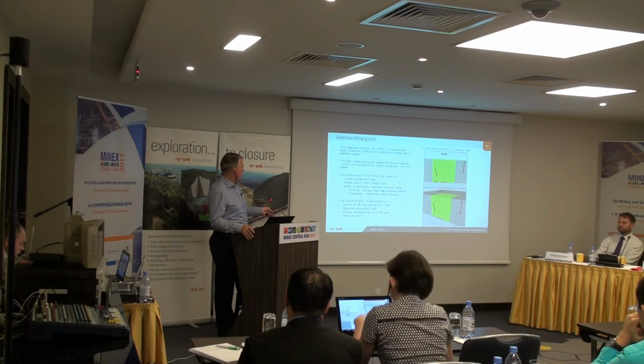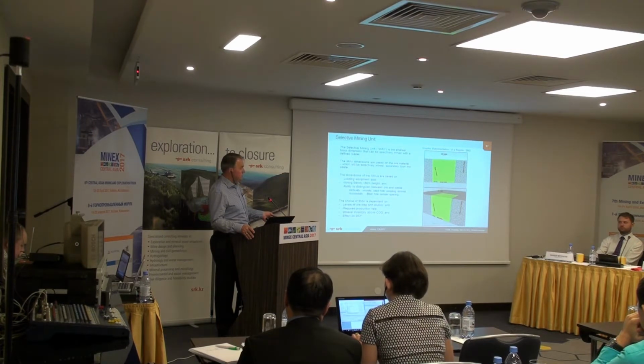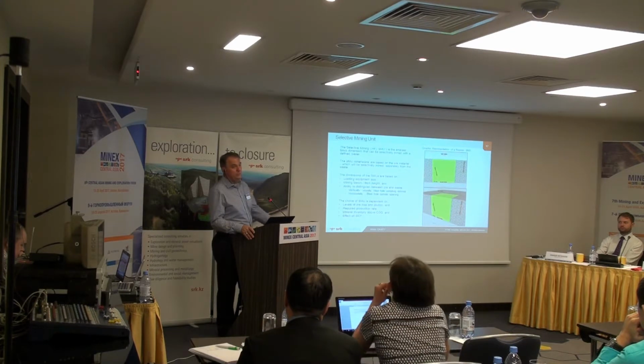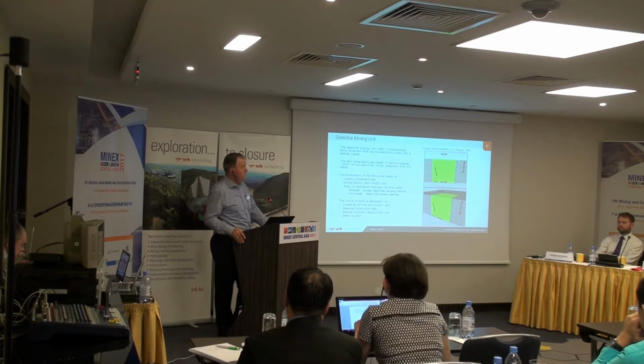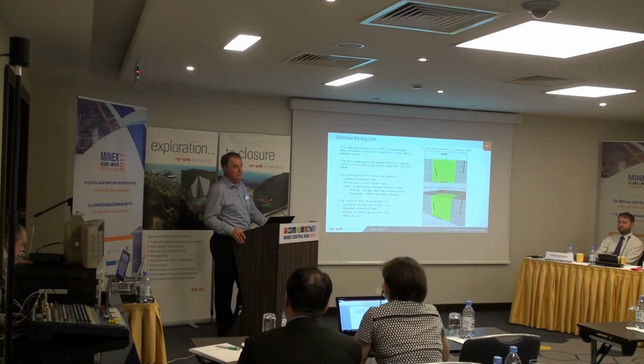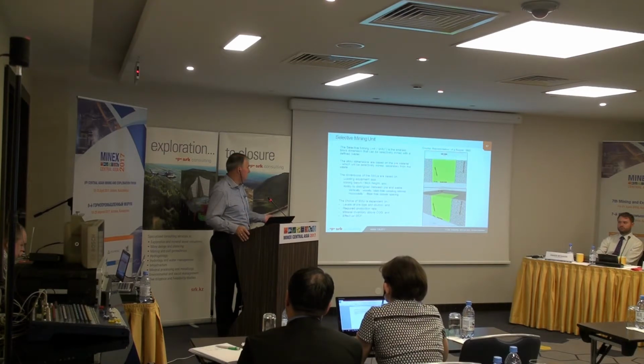So the choice of the size of the SMU will depend upon what levels of dilution and loss that you want. With the larger equipment, of course, you'll have higher levels of dilution and loss. So generally, larger equipment is applied for bulk style, larger deposits. So the regularisation approach will take into account the degree of selectivity that you require.